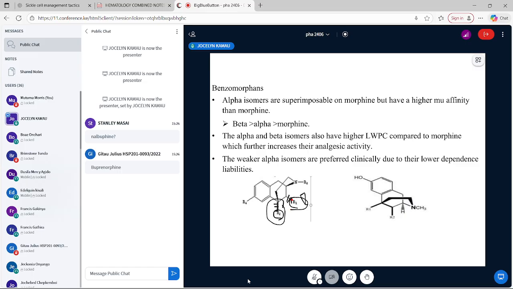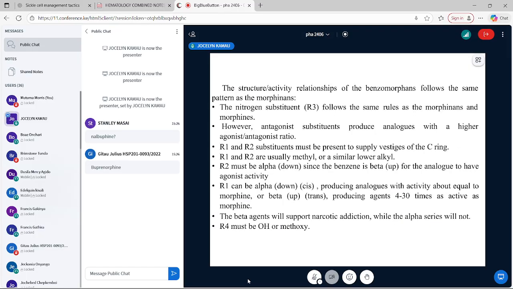However, this one, in fact, we can call them R5, must always have the alpha orientation. R9 can have the alpha or beta orientation, but the beta orientation will have much more analgesic activity and toxicity than the alpha orientation.